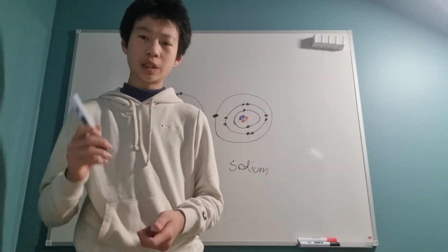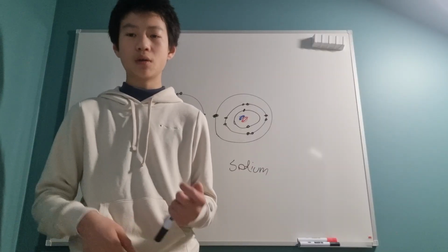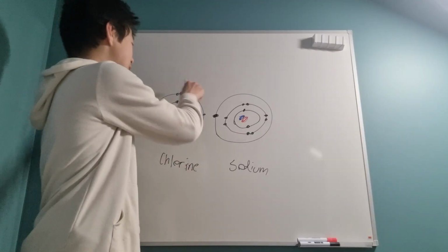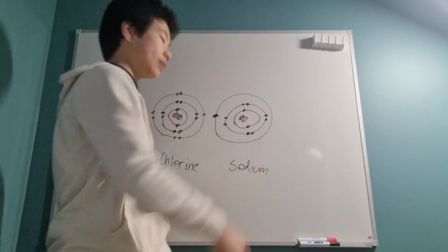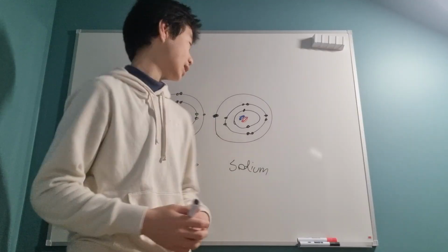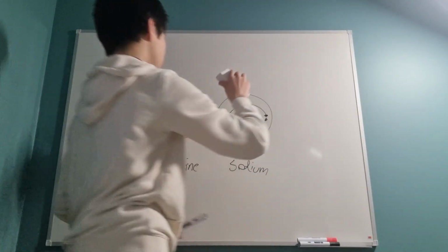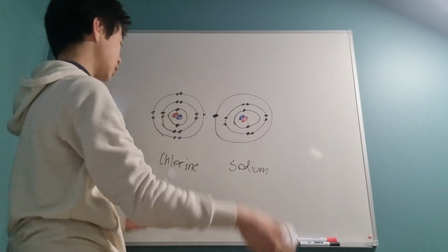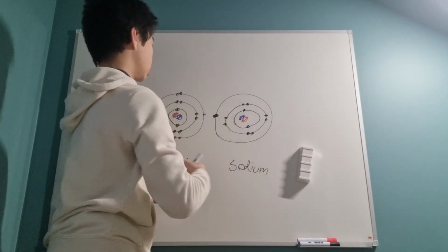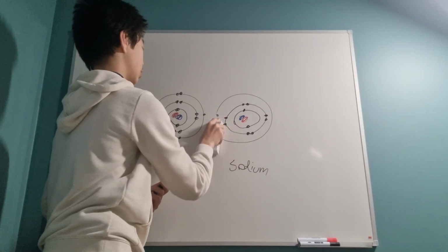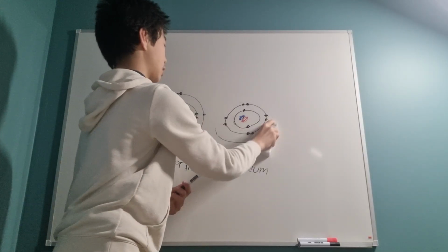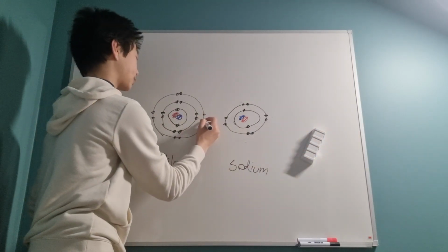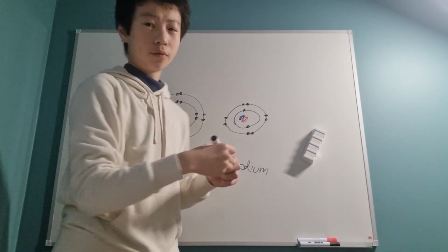Due to it being much easier to give away 1 electron than, for example, giving away 7 electrons for chlorine, what happens is that sodium gives one electron and donates it to the chlorine, and they bond together. So imagine as if this ring ceased to exist, and now both of them fulfill the octet rule.